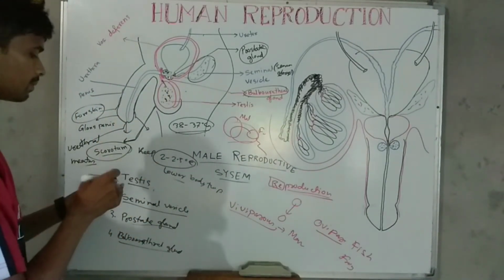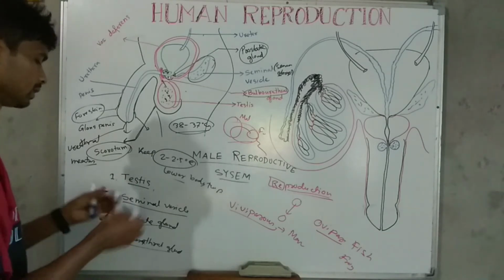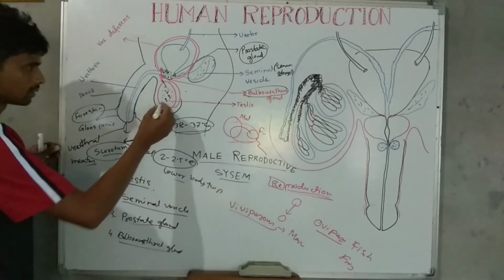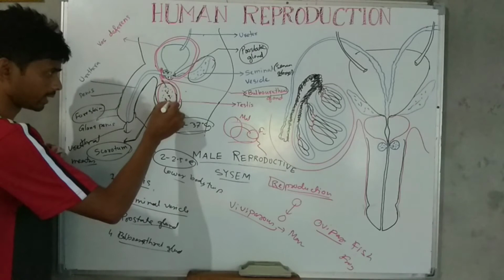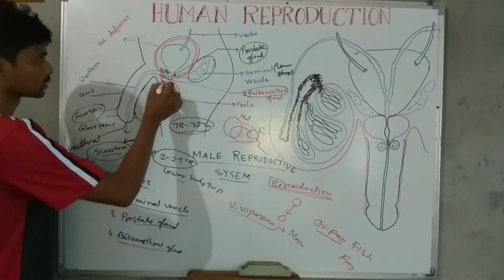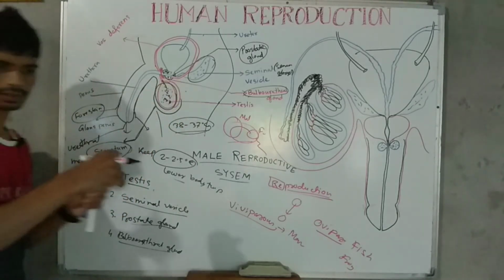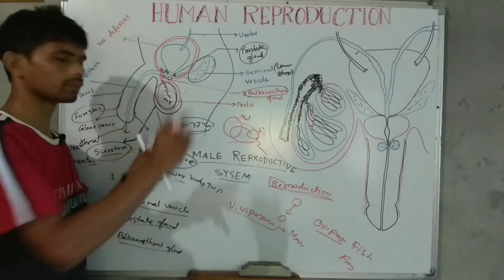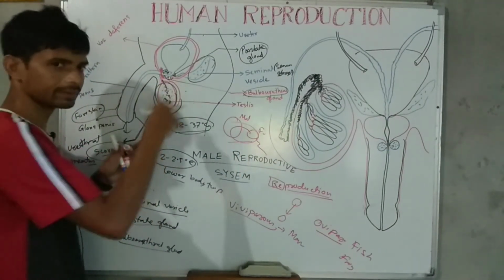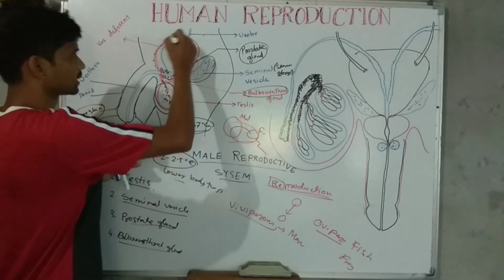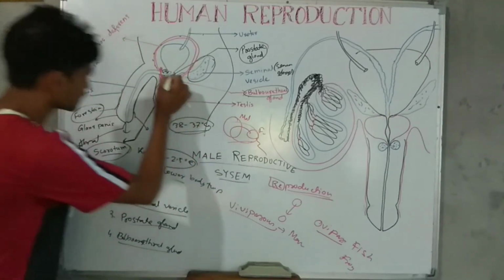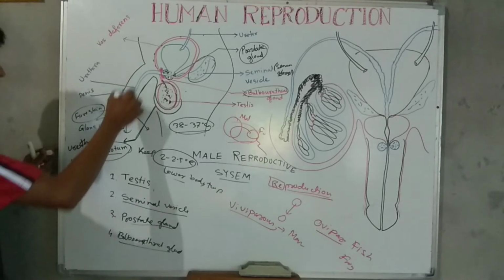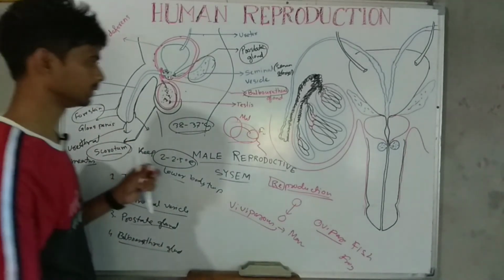Here you should basically understand the path: from the testis the sperm cells are released through the rete testis, from the rete testis to vasa efferentia, from vasa efferentia to the epididymis, from the epididymis to the vas deferens, and from the vas deferens to the urethra and to the female body.